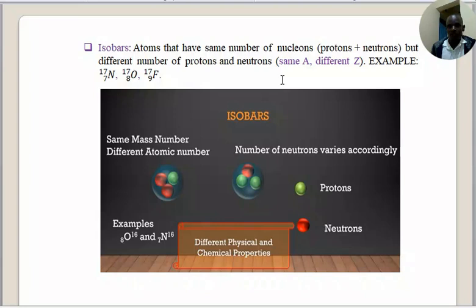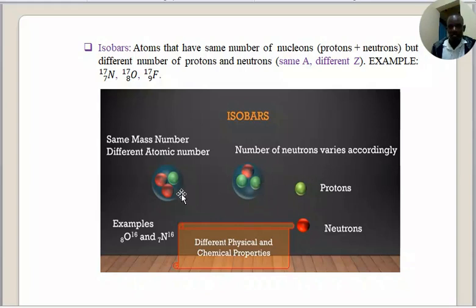Therefore, they have the same mass number, but different atomic number. Examples are nitrogen 17, oxygen 17, and fluorine 17. They have the same mass number of 17, but different atomic numbers, 7, 8, and 9. So the number of neutrons keeps on varying accordingly.